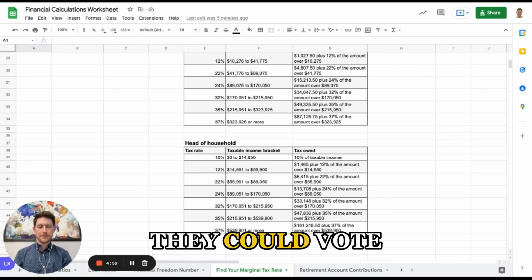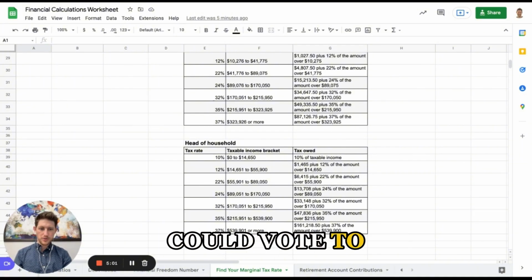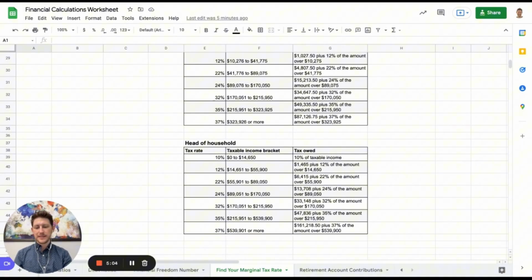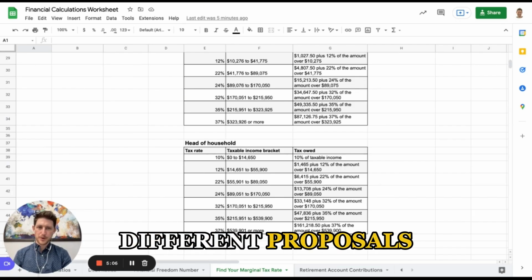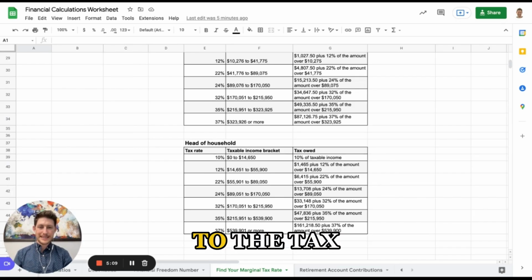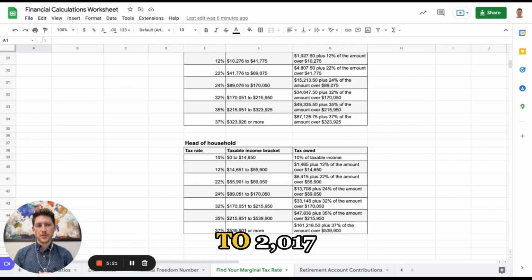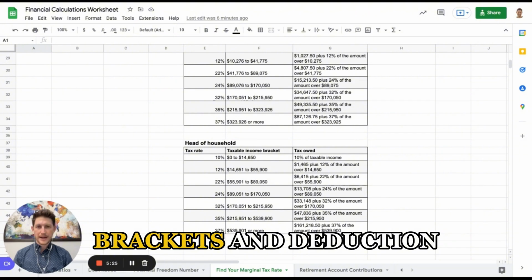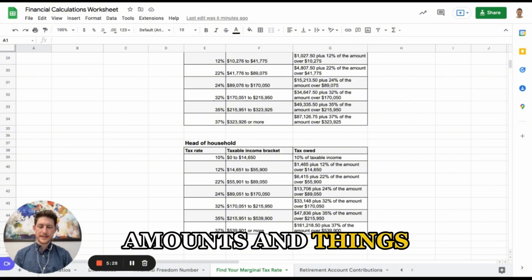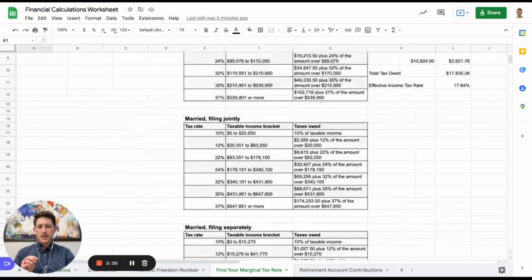So Congress could vote to continue the changes. They've already been talking about a ton of other different proposals to make modifications to the tax code and things like that. So it could always change, but as of now, this is what it is all the way up through the end of 2025 when it kind of reverts back to 2017 brackets and deduction amounts and things like that.